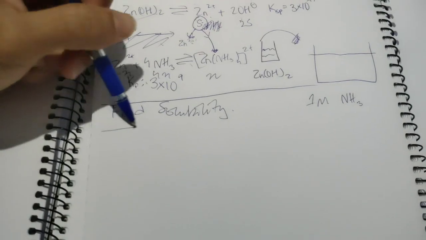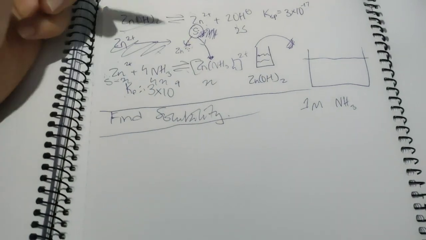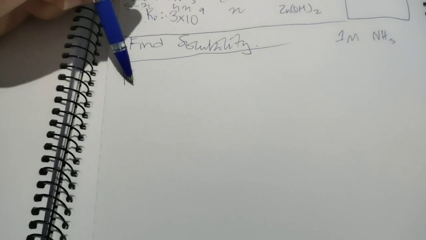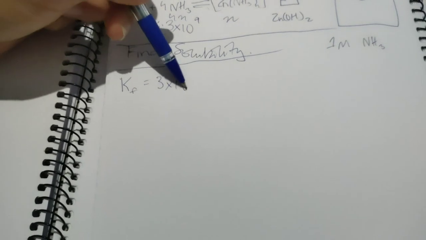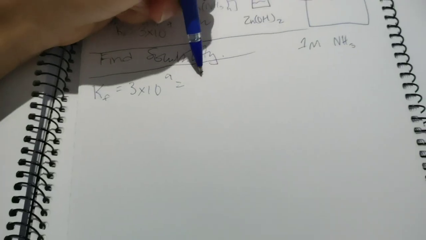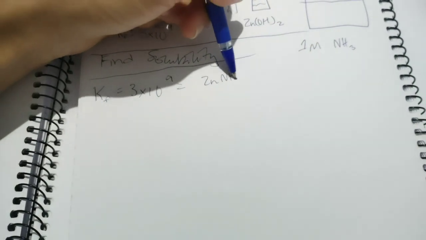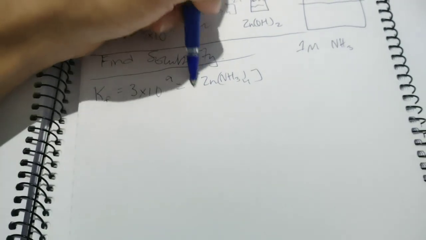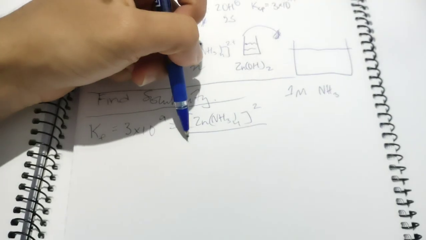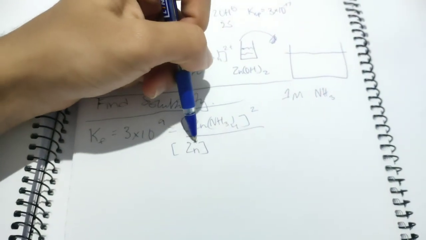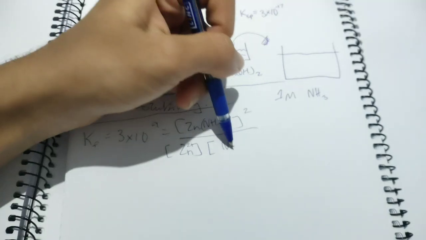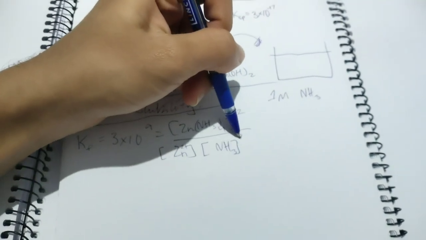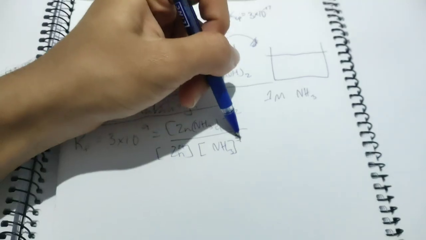So in order to do that, let's start with the complexation reaction first. For complex formation, your Kf, which is equal to 3 × 10^9, is equal to the concentration of Zn(NH3)4 2+ divided by the Zn2+ concentration and the ammonia concentration to the power 4.